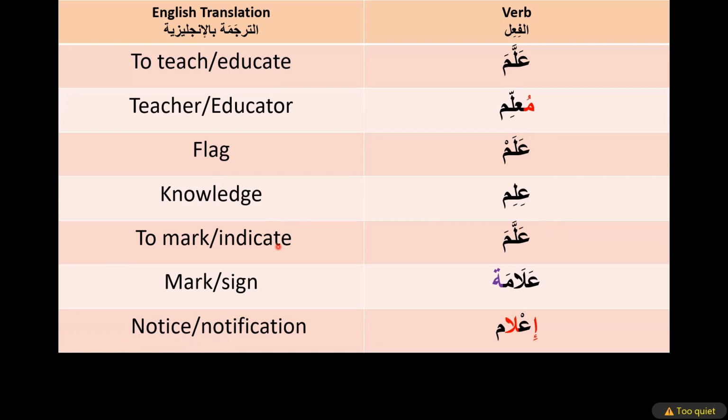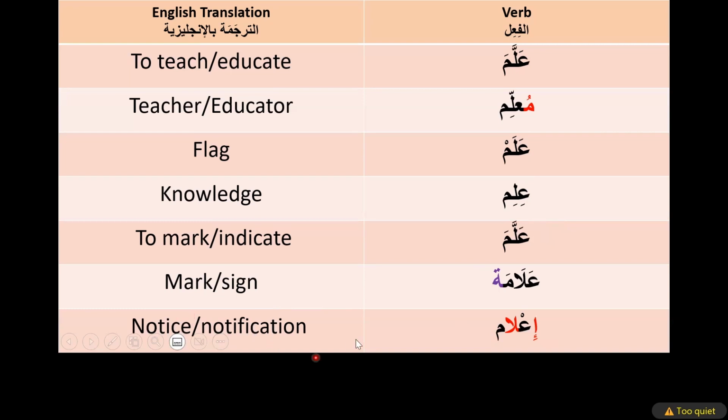You will mark it, like the corners here and here, there and there, just to indicate that this piece of land belongs to you. That's to mark or to indicate. 'Allama. 'Alama is the mark or the sign, the noun. To be the sign.